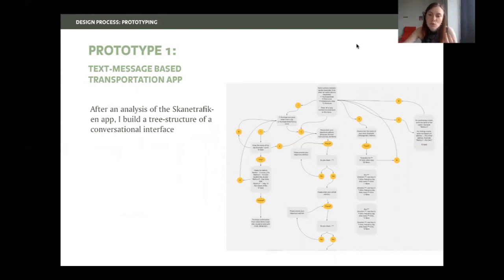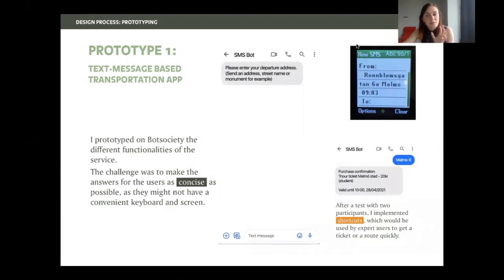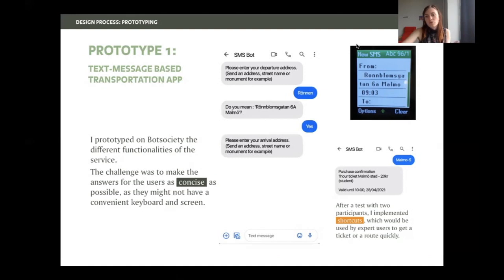So this is the first tree structure of the different conversations, the different paths that one can take in the text message based service. I then prototyped a little chatbot that aimed at first to make the experience as concise as possible because of the size of the screen, but also because of the inputs, since keyboards might not be very convenient.